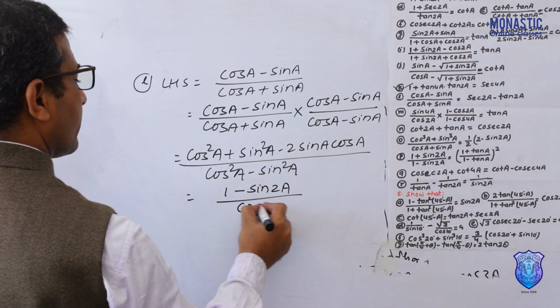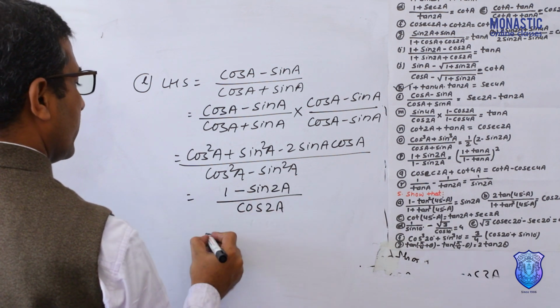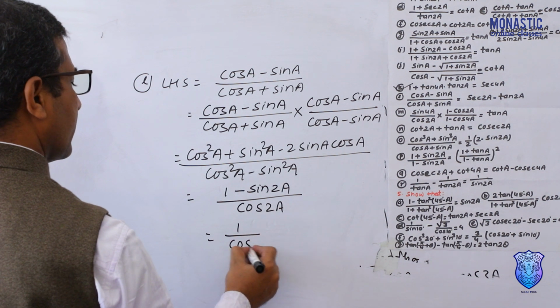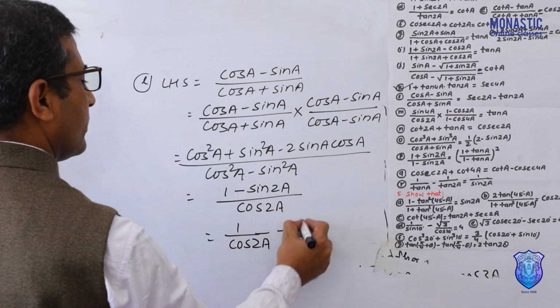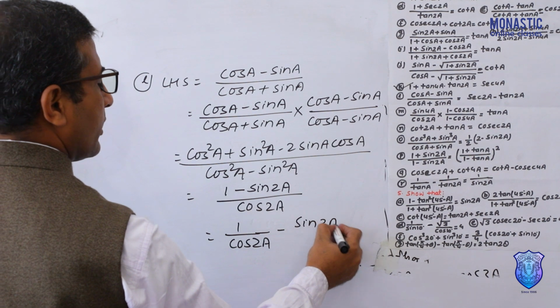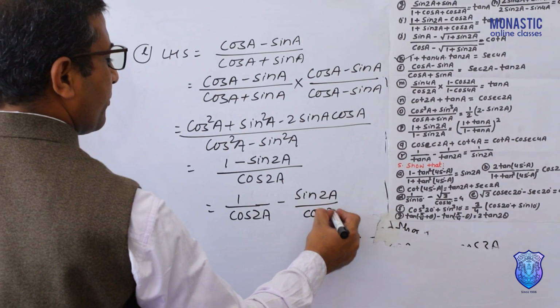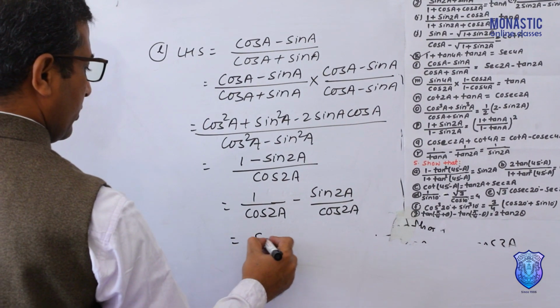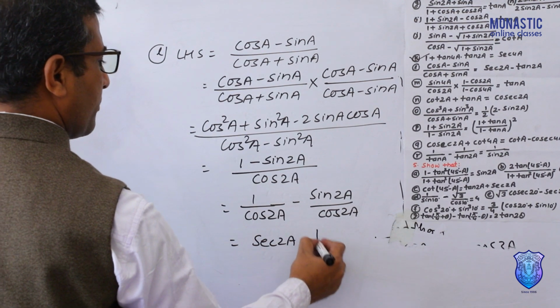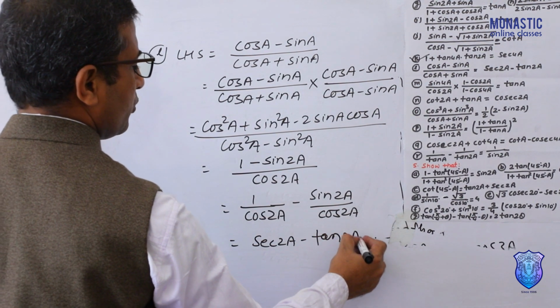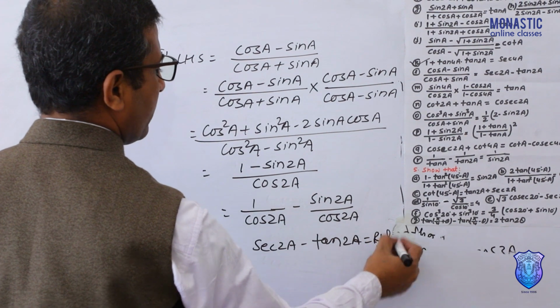Cos square A minus sin square A is cos 2A. Then write it separately: 1 by cos 2A minus sin 2A by cos 2A. It came sec 2A minus tan 2A. That's the proof completed.